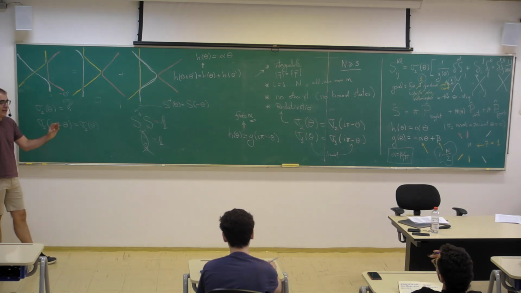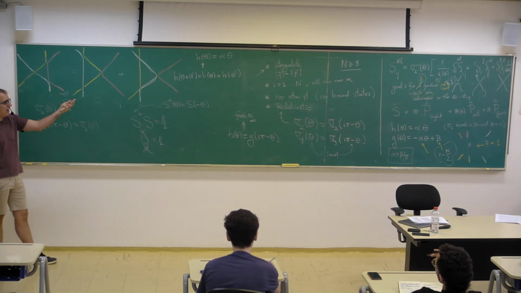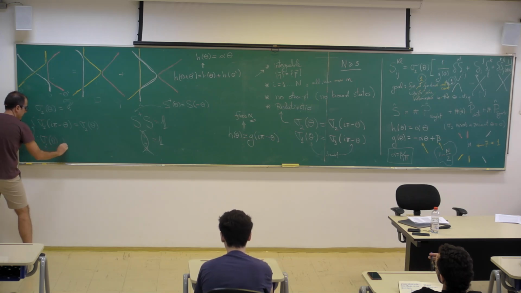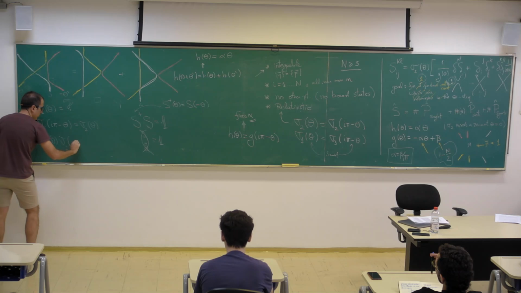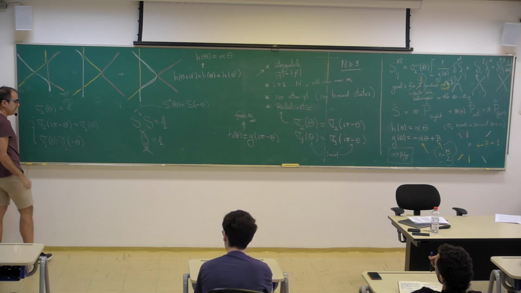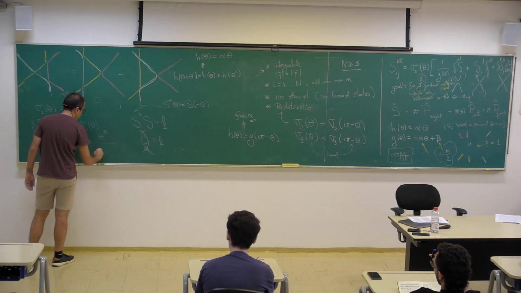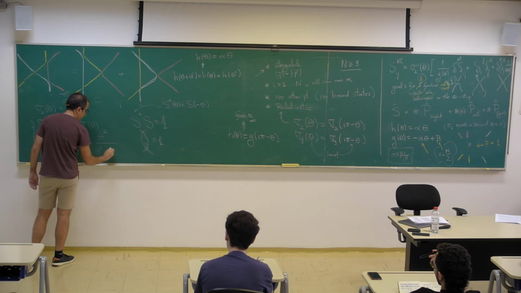So I take S of minus theta, I multiply two such tensors, and I get an equation that sigma 2 of theta times sigma 2 of minus theta, that's the overall factor, is equal to some factor of the form theta squared over theta squared plus some beta squared, I believe.